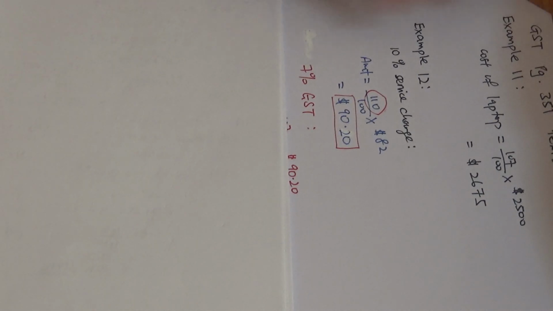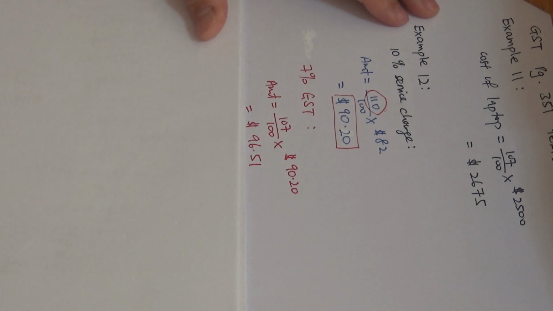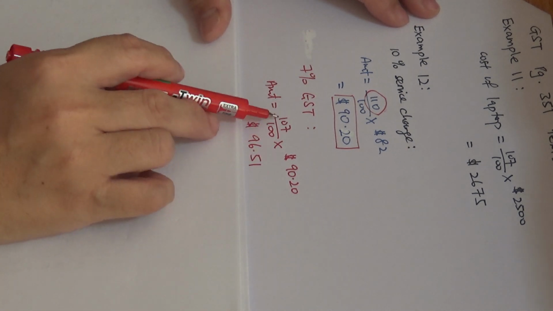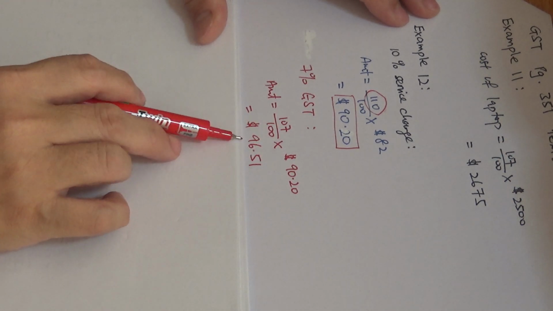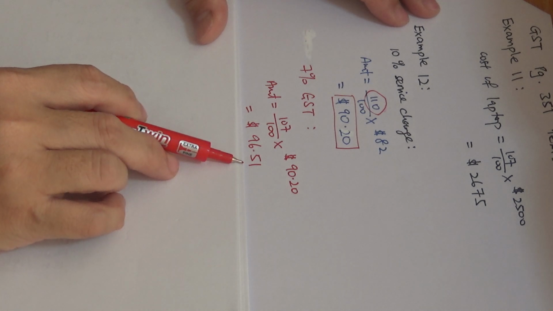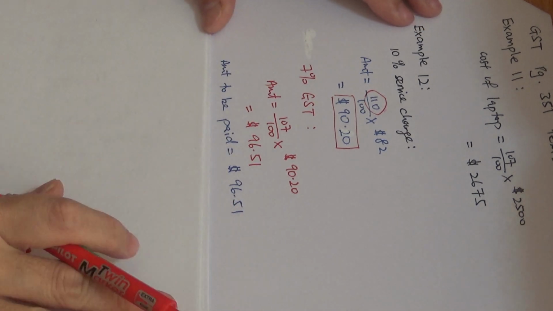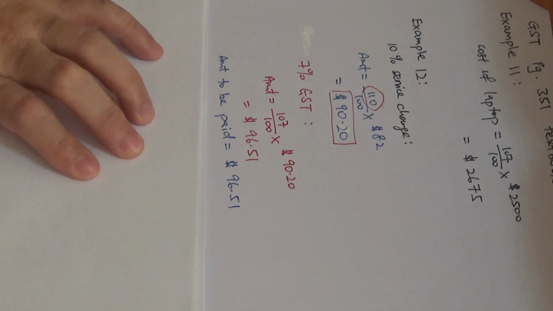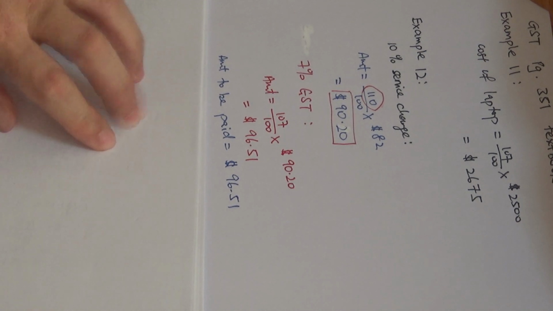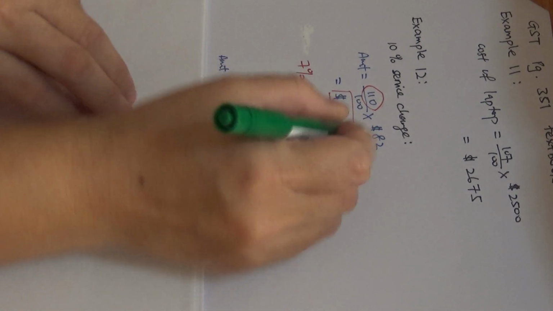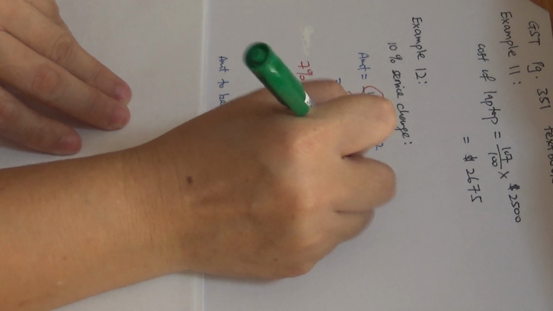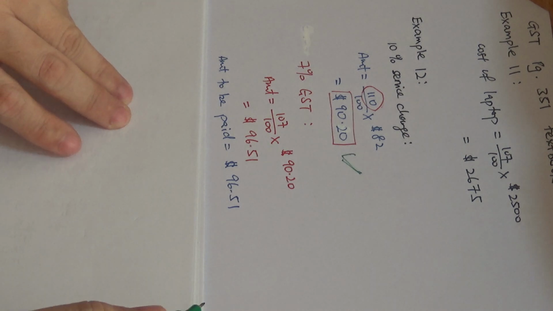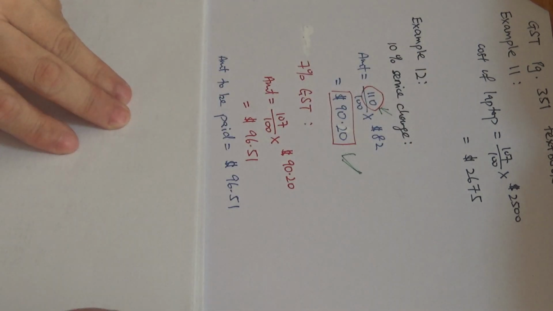So the total amount paid will be 107% of 90.20, so it's 96.51. So the total amount to be paid is 96.51. Now let me repeat this again. The first step gives you the answer when 10% service charge is charged. So we look at 110%.